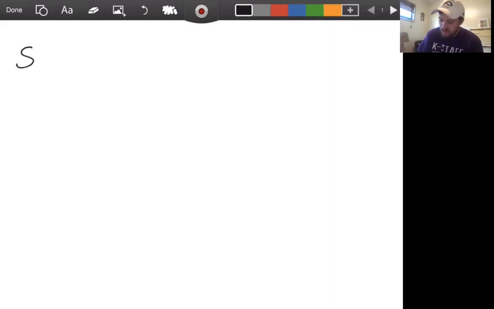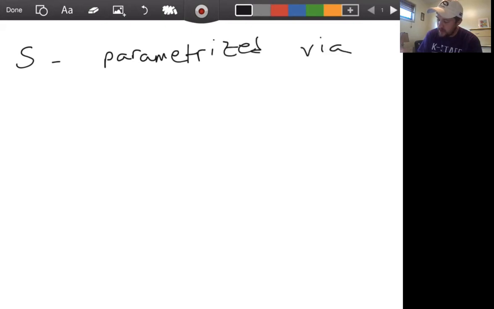We've now seen how to take a given surface and parameterize it, or understand what a parameterization is describing. So we have a surface, let's say capital S, that can be parameterized via, and then we use the notation R of uv.